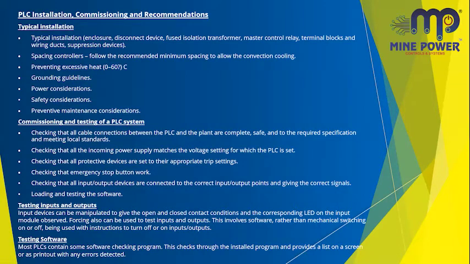Power consideration and safety consideration are the most important things in panel designing. For preventive maintenance, normally some panels do not have grounding connected, or proper earthing is not connected. So we can check and maintain these things.